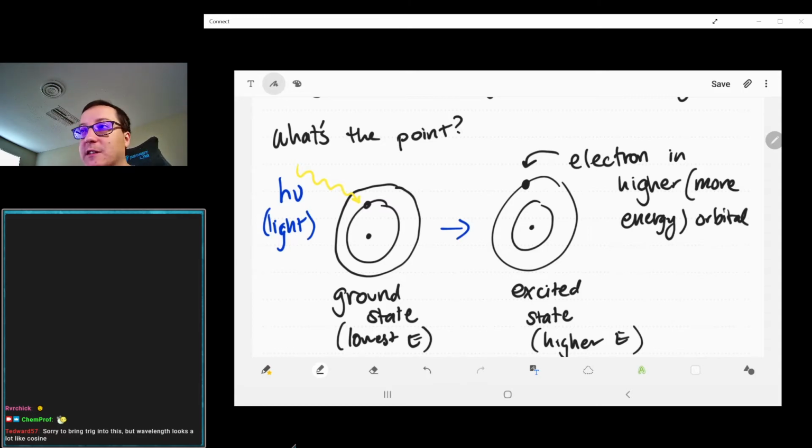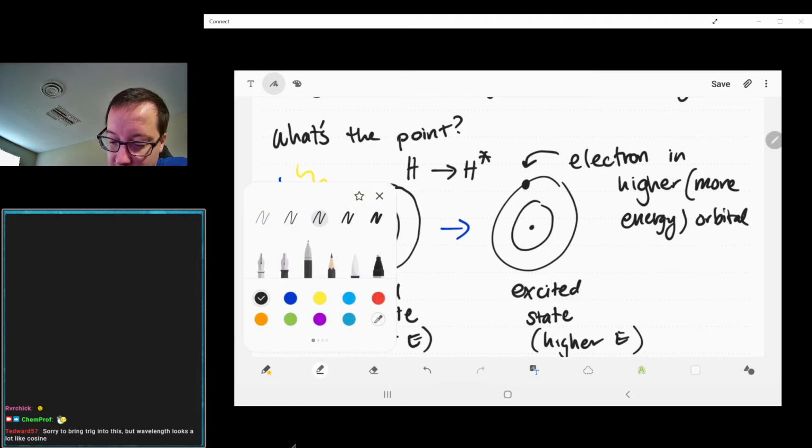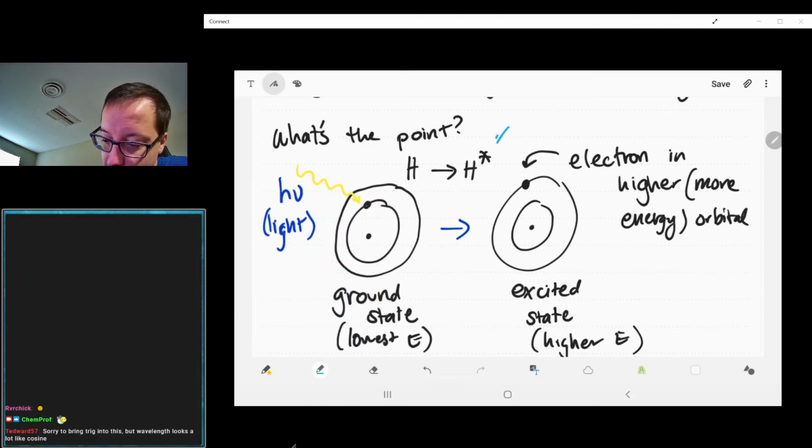We often describe, say, hey, we've got a hydrogen atom here that's being zapped with light. Now it is an excited hydrogen. We describe it by putting that little asterisk there to mean that it's in the excited state. Let's indicate that. Excited means it just has more energy.